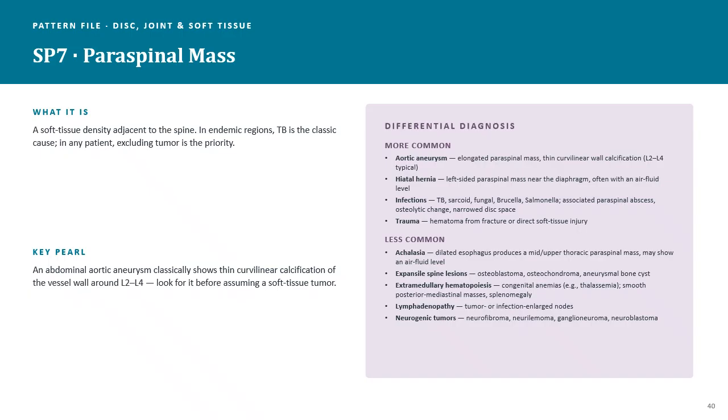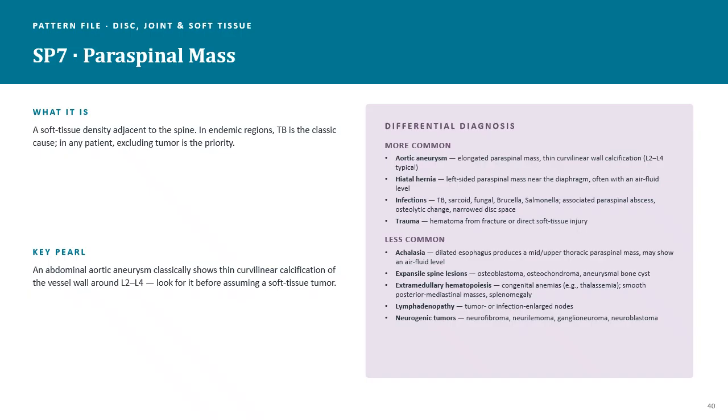Again, there are a lot of conditions here and we're not trying to memorize them. But when you're looking at this mass, you want to think about what it's sitting beside. Is there infection within the patient? Has the patient had trauma? Is it a tumor? Or could it be that enlarged blood vessel, the abdominal aortic aneurysm?